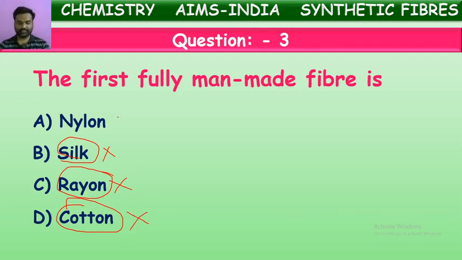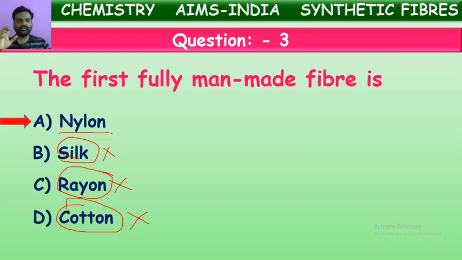So what will be the correct answer now? Yes, it is nylon. Nylon is correct answer. Nylon is a fully man-made fiber which was prepared first. This is prepared from some petroleum products and air and water. These carbon compounds are used for preparing this nylon.